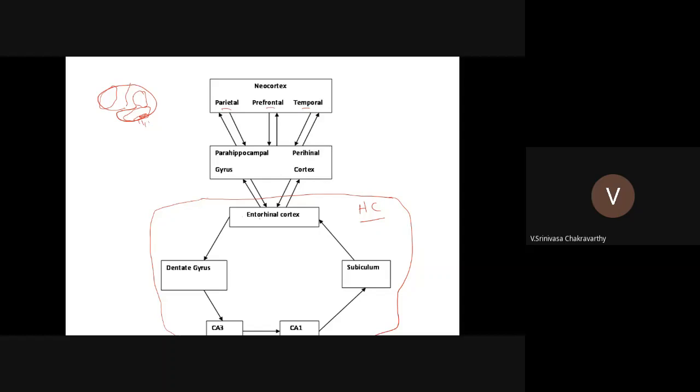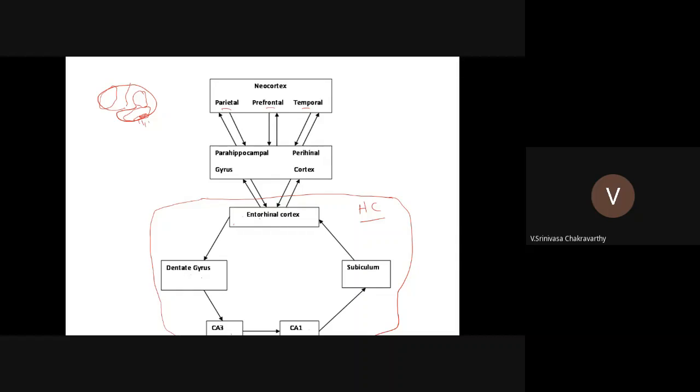From there, projections go deeper into the hippocampal complex, where you see a loop of connectivity. From entorhinal, you go to one cluster of neurons called the dentate gyrus, then to another area called CA3, then from CA3 to CA1, and from there to the subiculum and back to the entorhinal cortex.